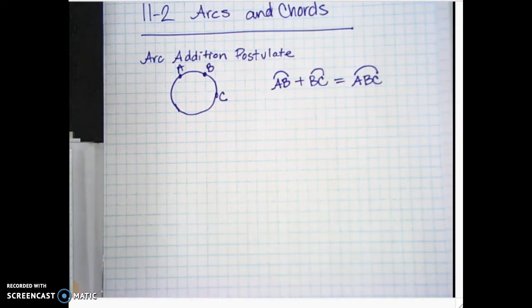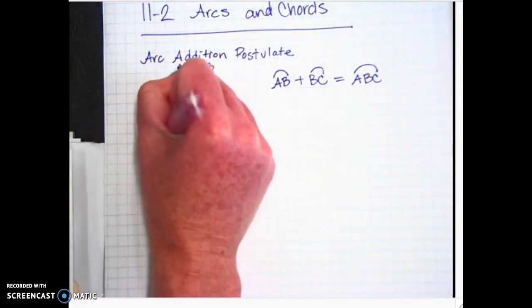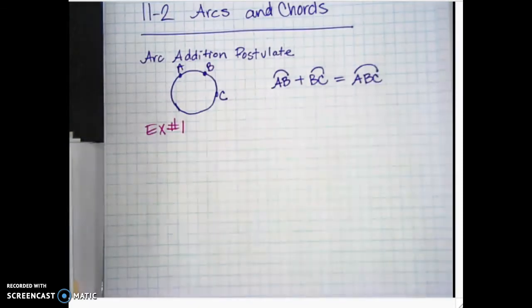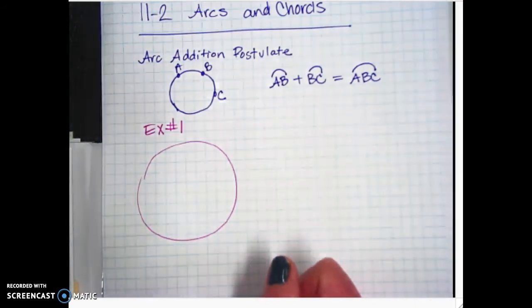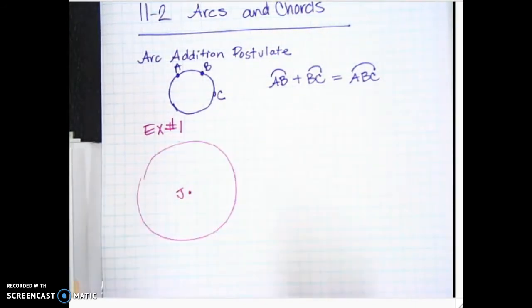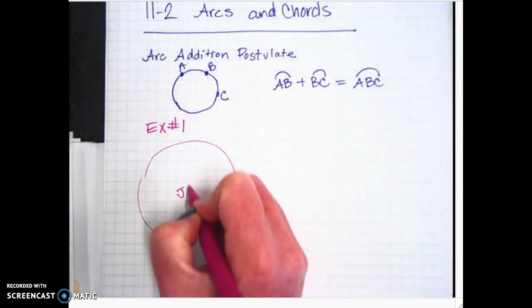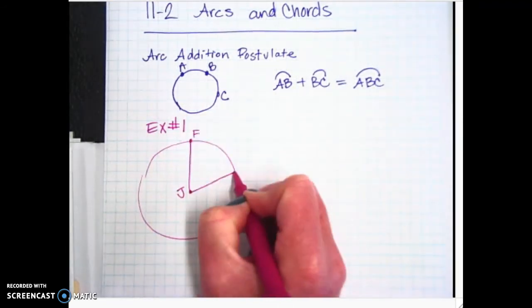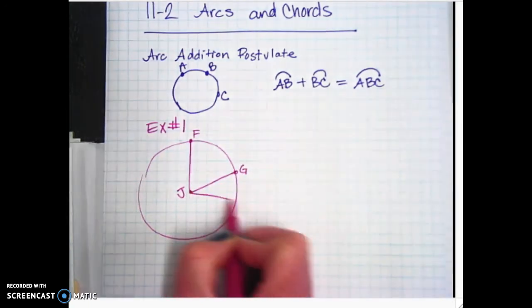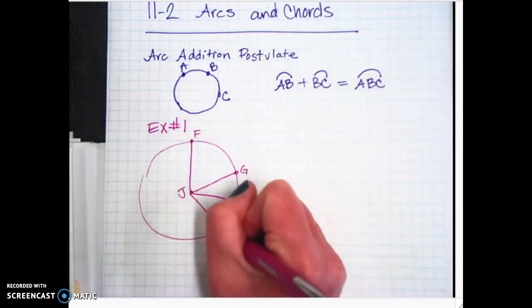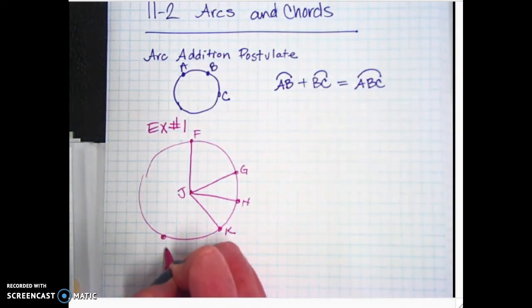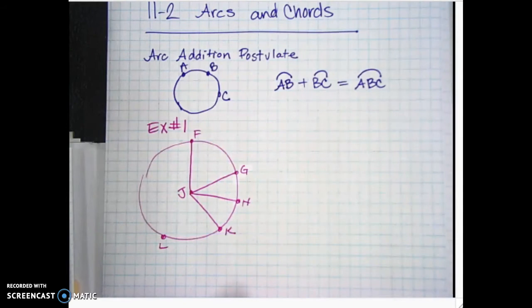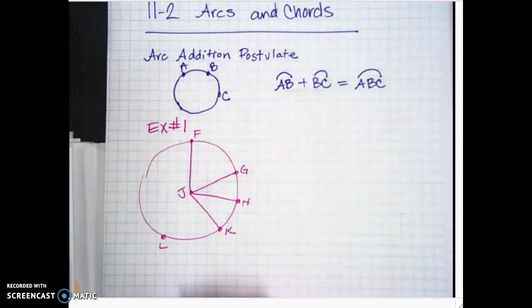Example number 1. We're going to have a circle, we'll call it circle J. And it's going to come up to here to F, over here to G, over here to H, and over here to K. There's also another point over here, we'll call it L. And so each of these is going to be different types of grass.